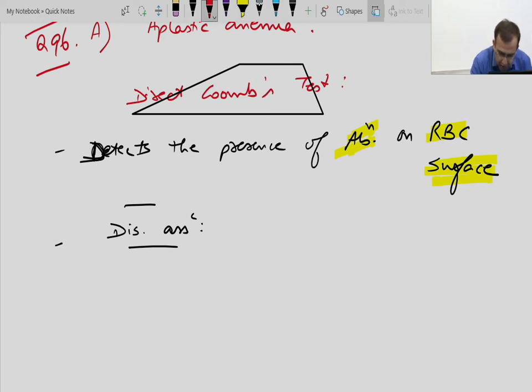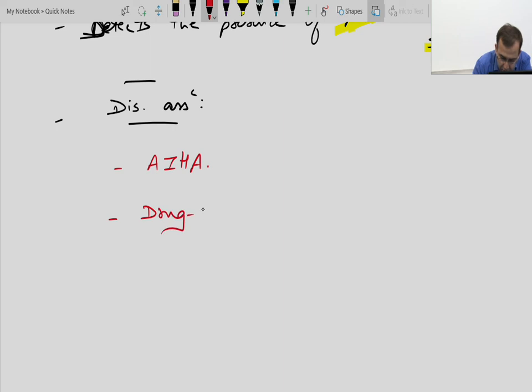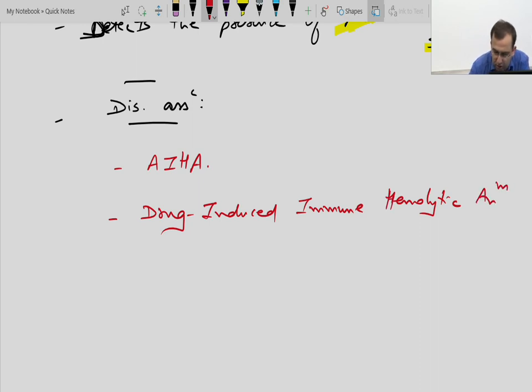Next point, diseases associated with a positive direct Coombs test. They are, of course, autoimmune hemolytic anemia, AIHA. Next, drug-induced immune hemolytic anemia.